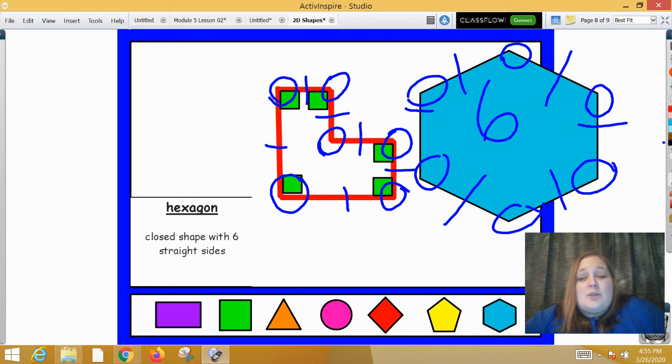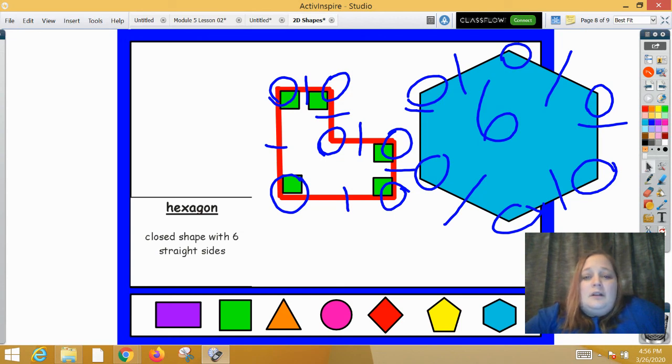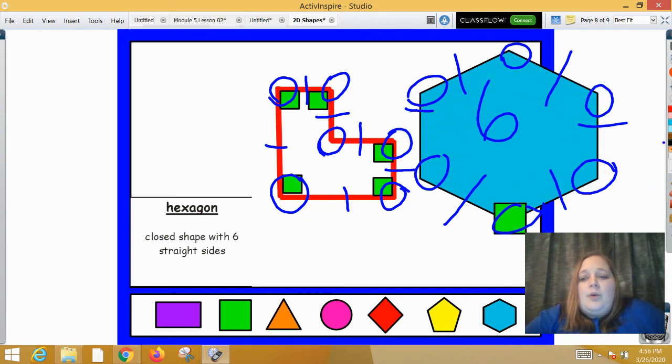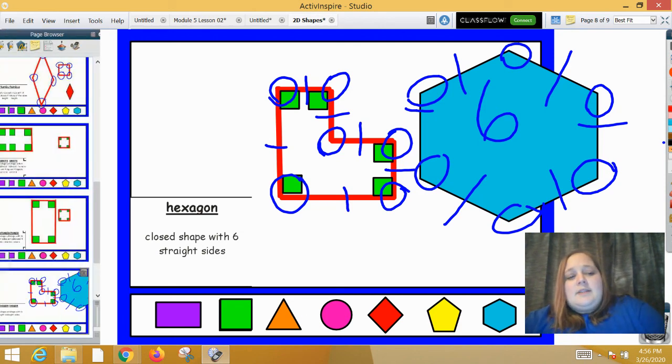Now, these are not squares in this one, because if I take my square, it is not going to fit in any of these. But that's okay. It doesn't have to fit, because it just has to have 6 corners or 6 angles. They don't all have to be the same.